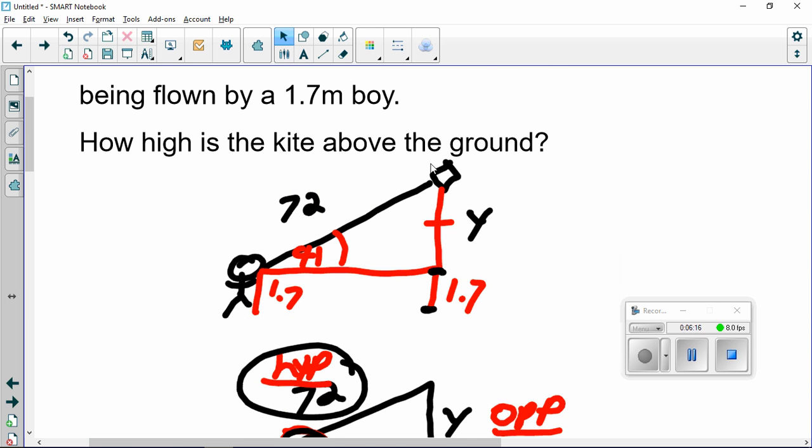But remember, that y value is only telling us how high the kite is above the height of the boy. To find the height above the ground, we must add the height that the top of the boy is above the ground, the 1.7.